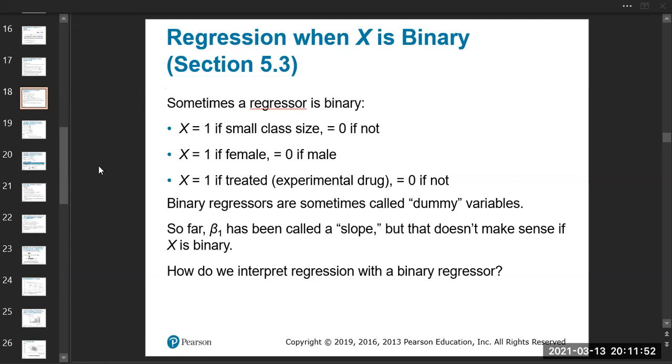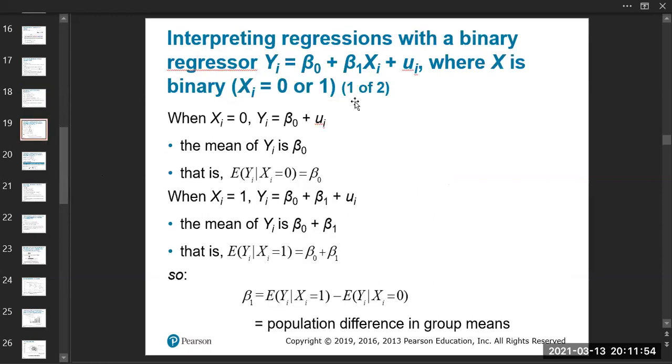So here is how to proceed. We're trying to interpret a regression with a binary regressor; Y can be anything, but the X variable is a dummy variable, or a binary variable. So let's see what it really looks like. If X is 0, then I put a 0 into this equation.